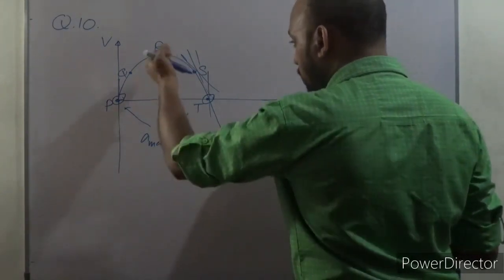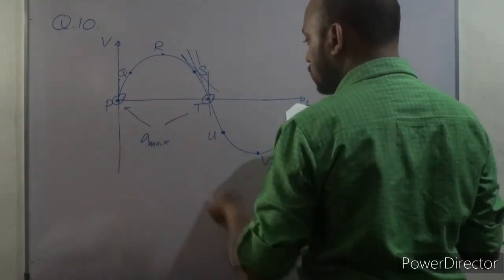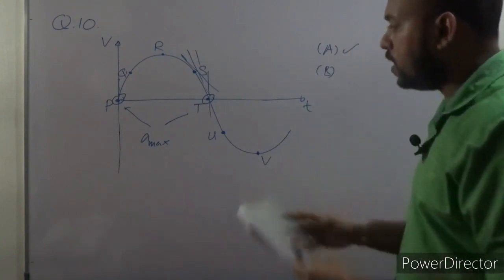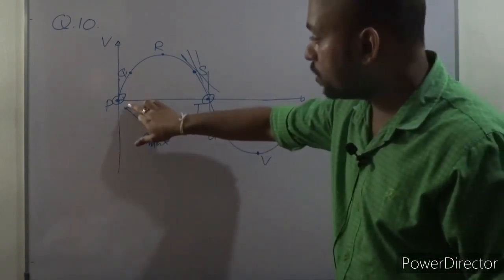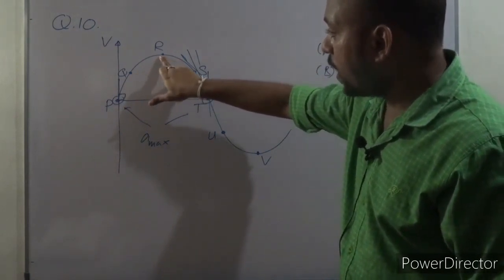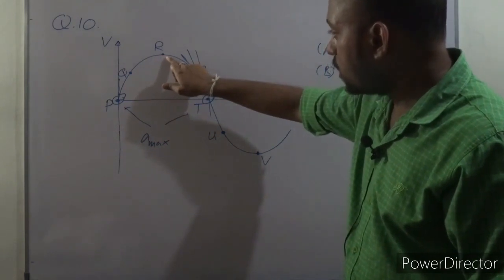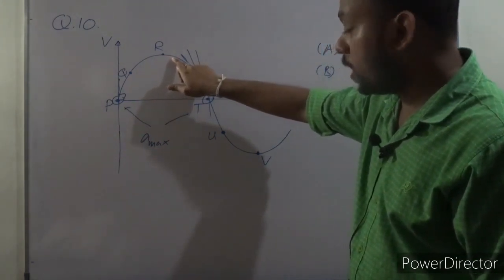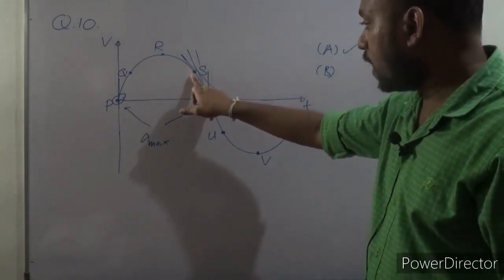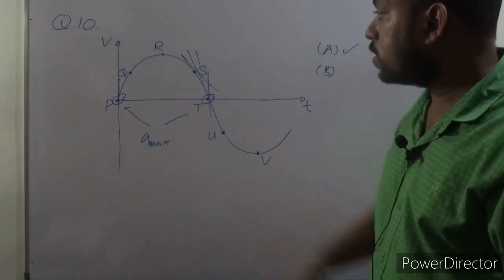If we consider the nature of motion here, it starts with the maximum velocity and gradually decreasing is called deceleration, and at R it becomes rest for a while, then again increases its velocity, and when it passes S, again it obtains the maximum velocity.